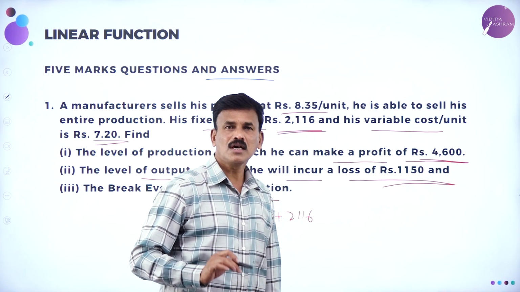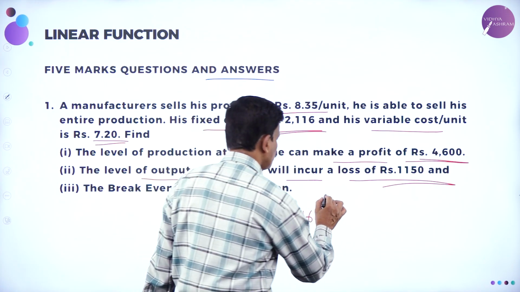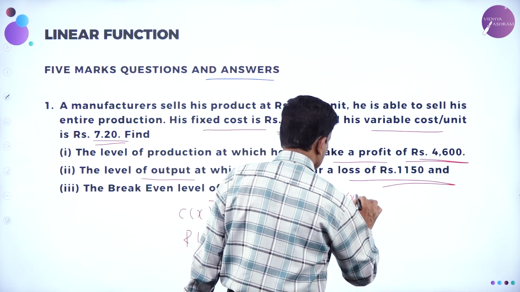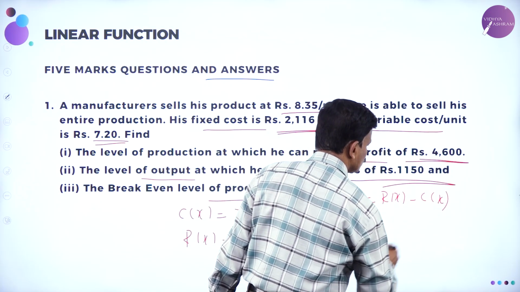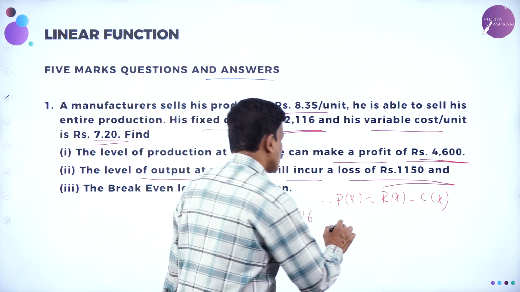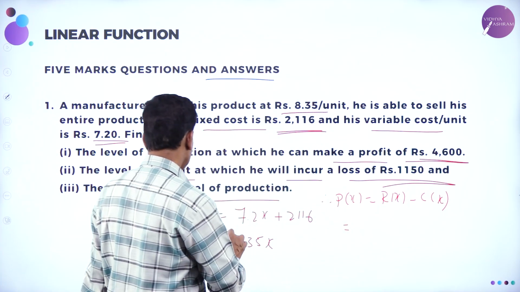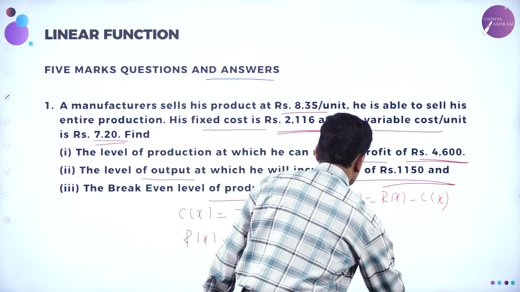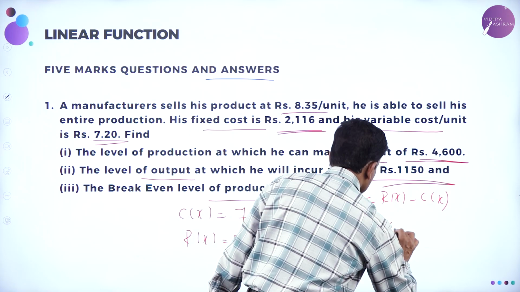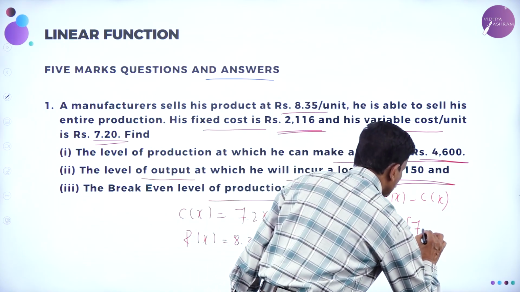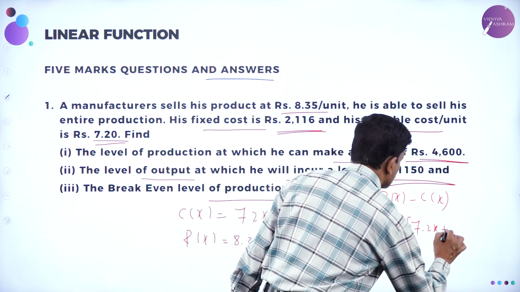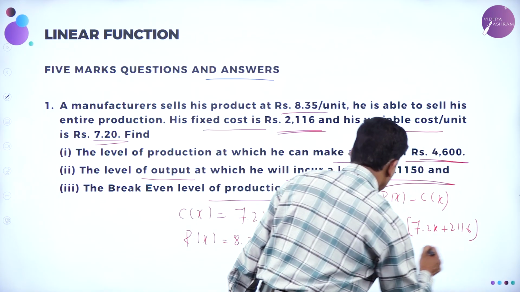Right. Now just write P of x. Therefore P of x is equal to R of x minus C of x. Now just find this. R of x is equal to 8.35x minus C of x, which is 7.2x plus 2116. Simplify this.